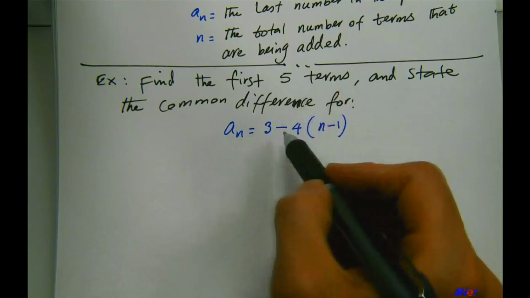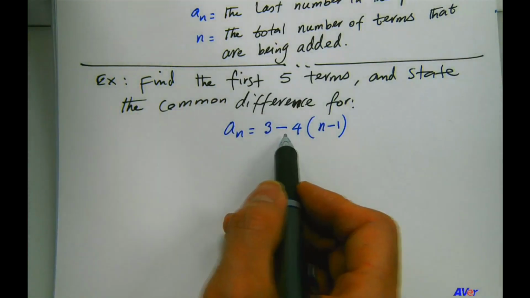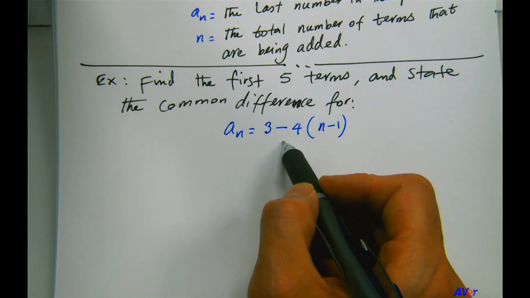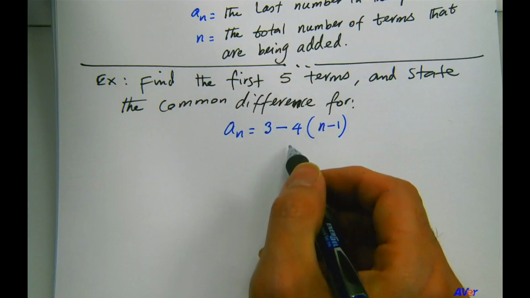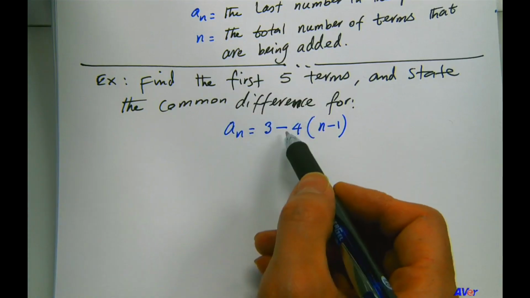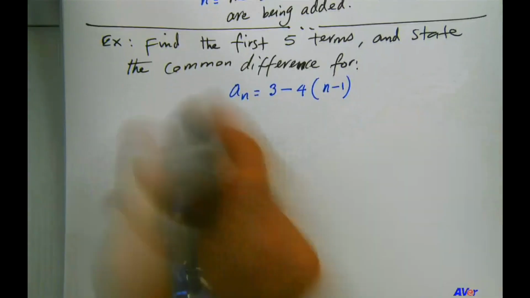Okay, so we already know that the common difference is -4. We can see that from the formula here, knowing that we're talking about an arithmetic sequence, but we can also find this -4 from the numbers that we have. Either way is fine.